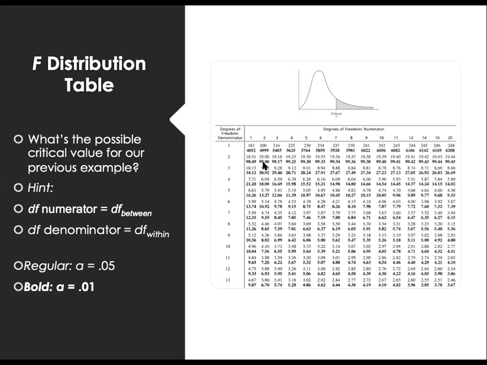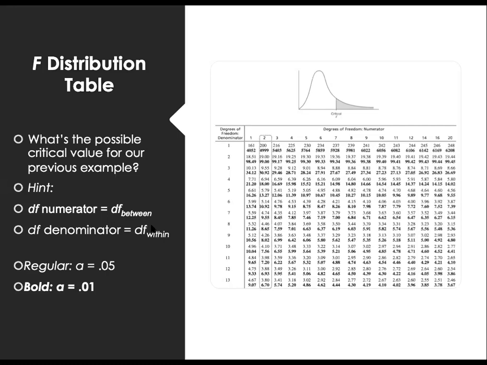So just like with t-test hypothesis testing, you want to know what your alpha value is before you look up the F critical, whether you want alpha set at 0.05 or 0.01. Degrees of freedom numerator is degrees of freedom for between. Degrees of freedom denominator is degrees of freedom for within. We already have those figures, so no new calculations. You just need to remember to pull the right numbers.